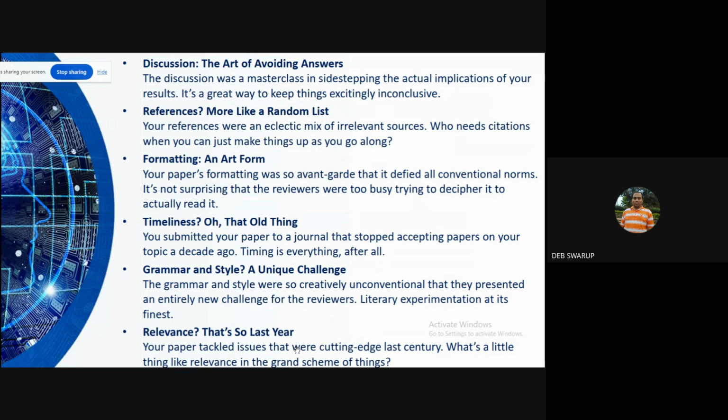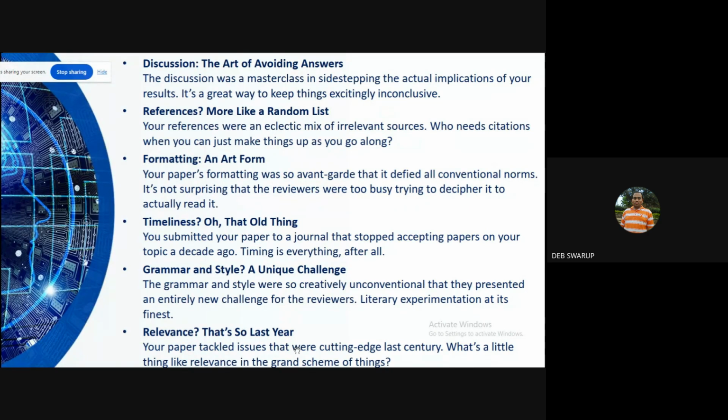Clear? And the references. What is wrong in references? These are more like a random list. Like I told you, people used to write from title to reference, they write the references and then put in the references abnormally. So that is of no use.